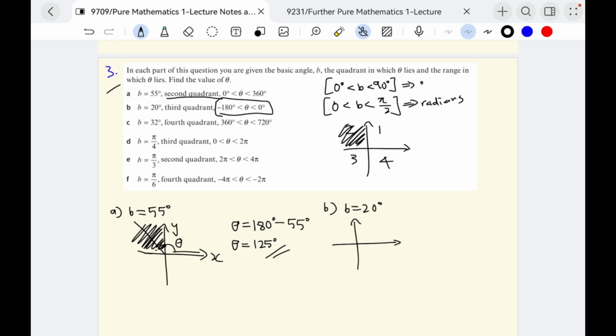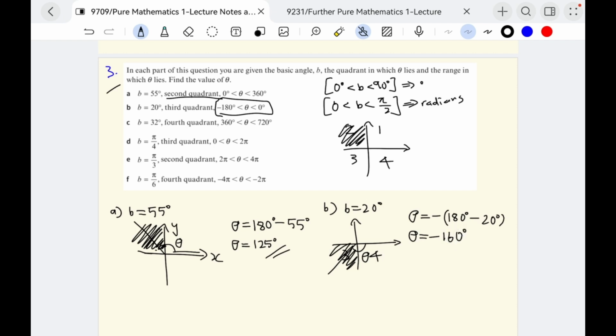It wants the third quadrant, so the angle we want to find for B is negative of 180 degrees minus its base angle, 20 degrees. So we will get negative 160 degrees.